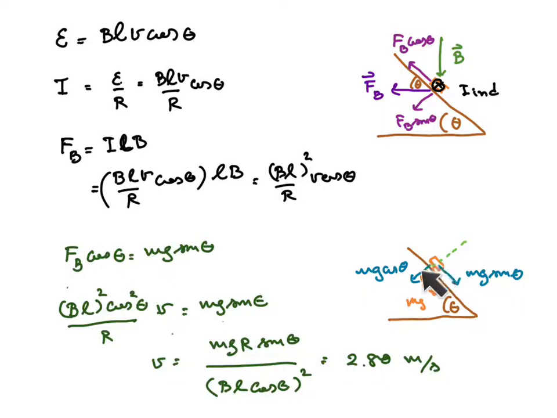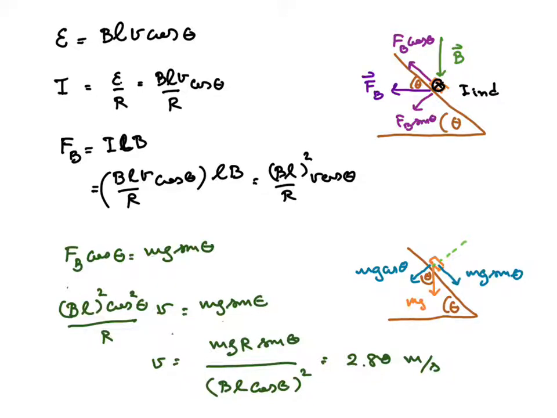So this component is mg cos theta, and this component is mg sin theta. This component together with this component of the magnetic force will be cancelled with the normal force, and this component mg sin theta will cancel with FB cos theta to make the bar move with a constant speed.